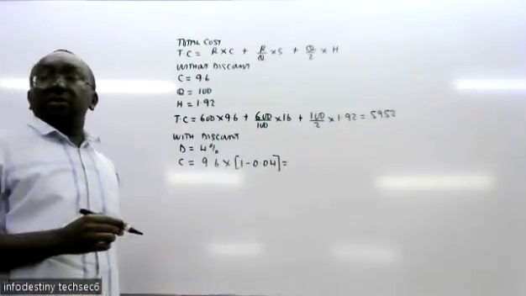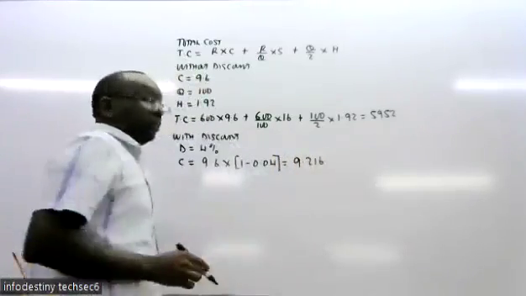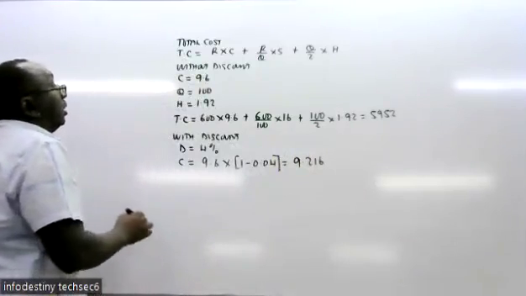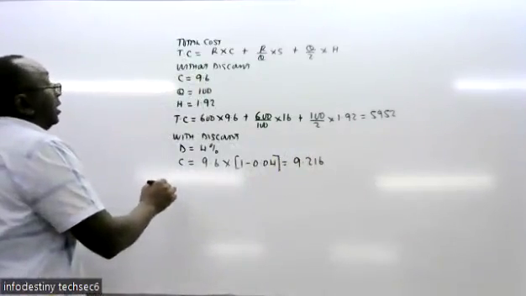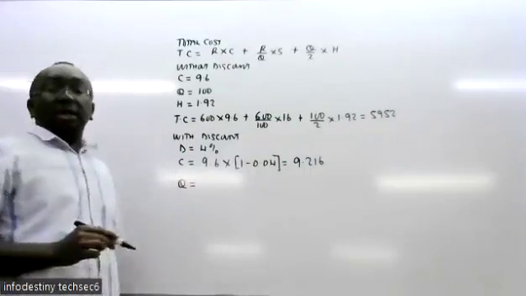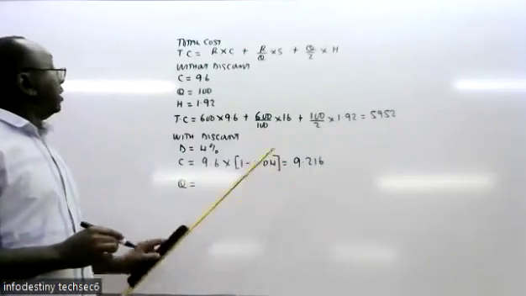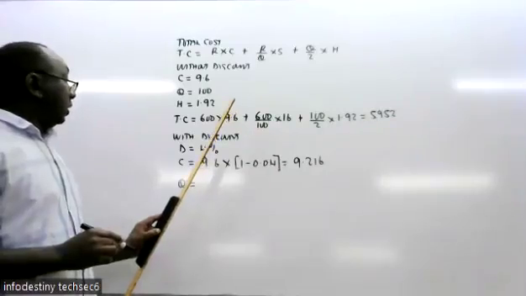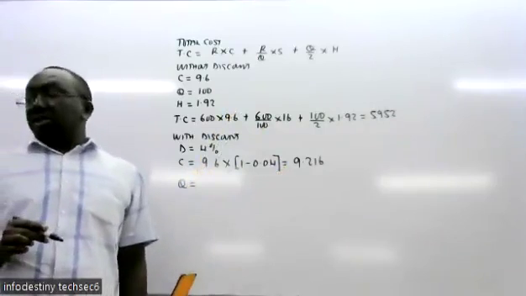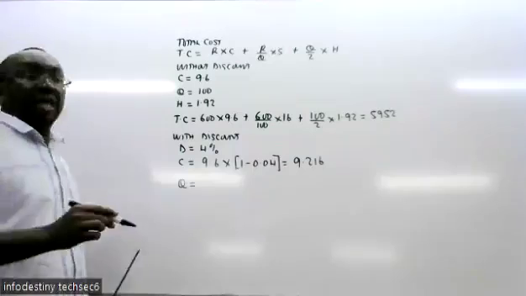We have 9.216. Then the next thing that you need to know is Q. If you look at the formula of computing Q, it is affected by H, but we do not change H, rather we don't change Q. What we do, we go by the policy.